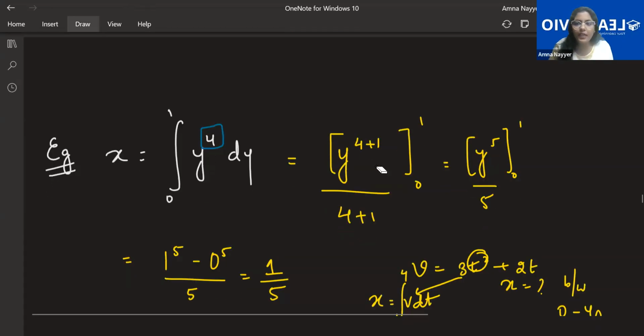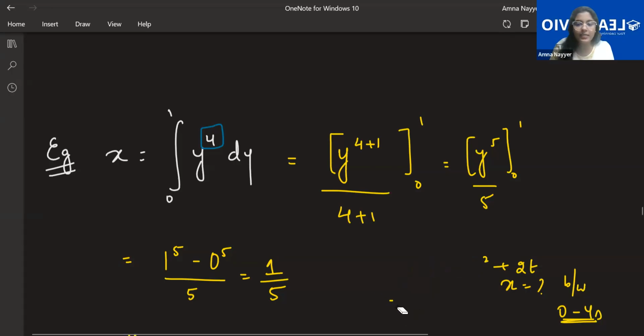Okay. Safa, just copy down this example and then the next one you at least try.